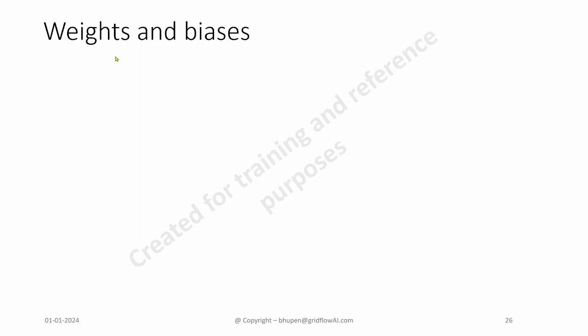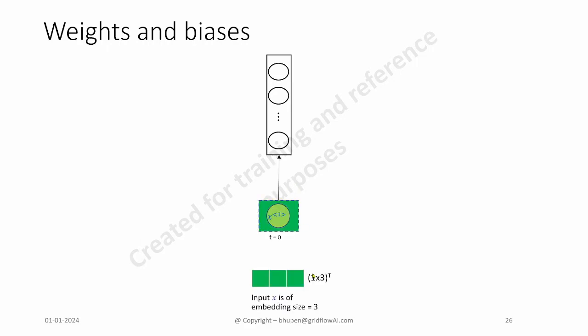So let's talk about the weights and biases now, how they are getting computed or adjusted, or how they take part in the computation. So let's say this is where the computation will happen for a given time step or given token in the input pattern here.